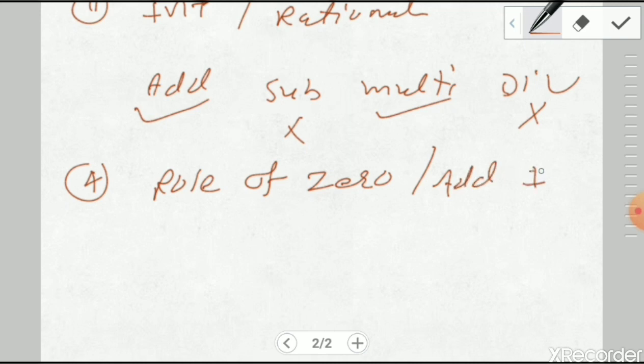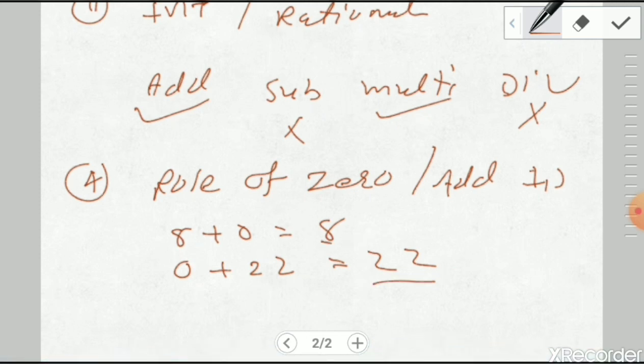Here if we add 0 to any number, there is no effect on its answer, so we can say that it is the additive identity or role of 0.